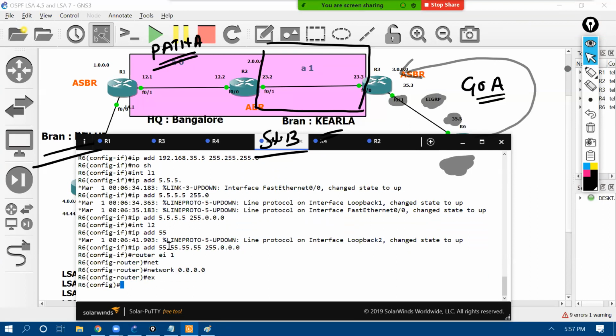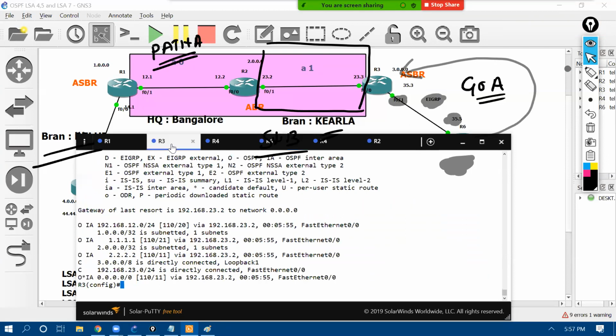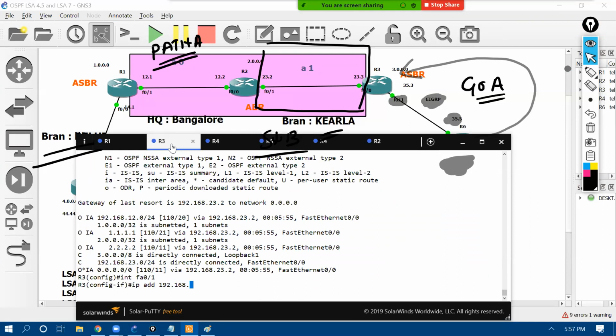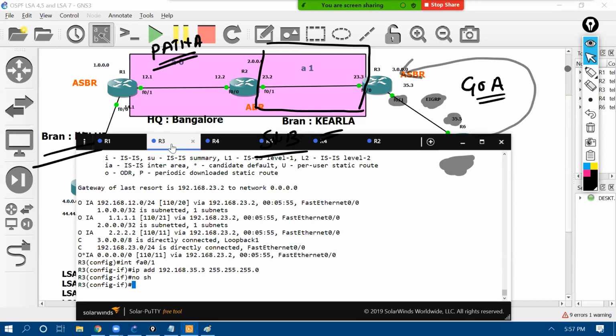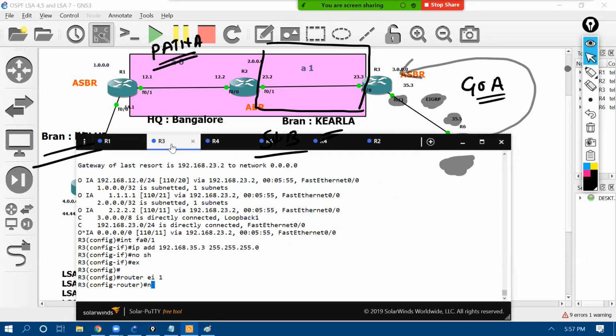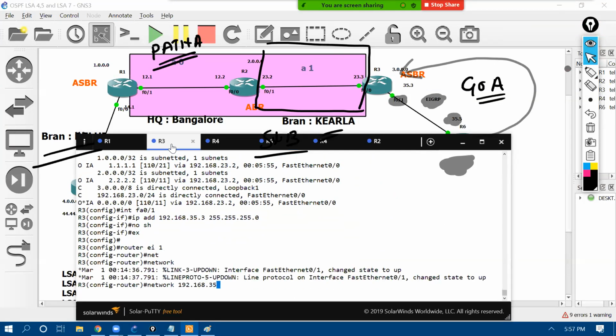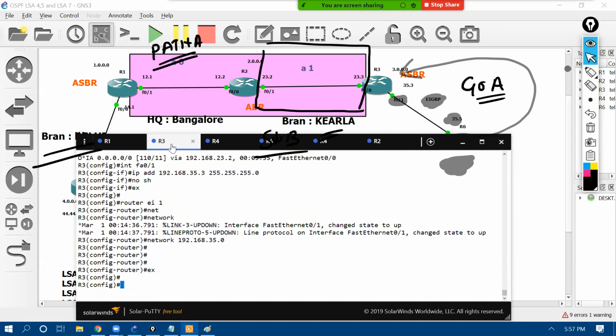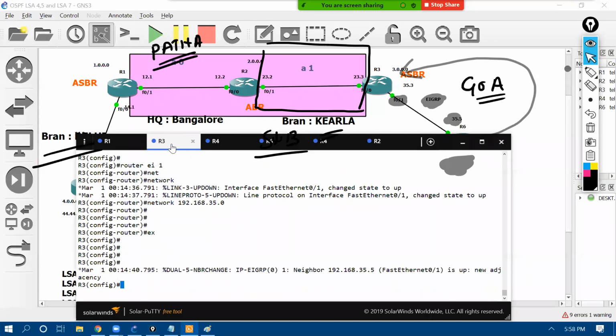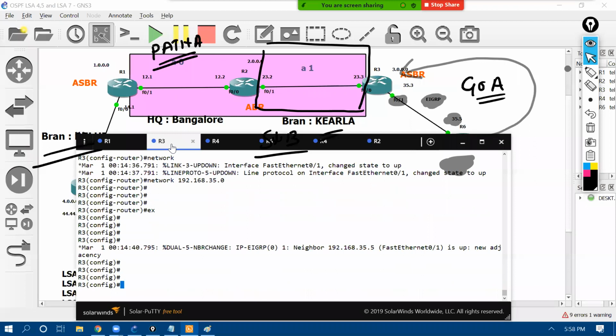Done. And just go on R3 now. Router EIGRP number 1, network 35.0. Is that right? R3 has received the information. Clear? R3 has received this information.